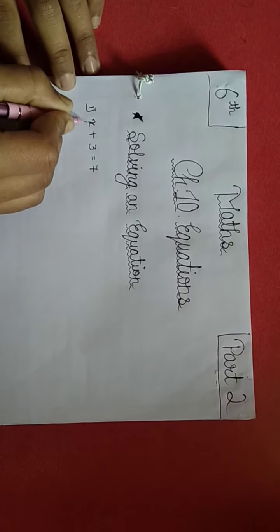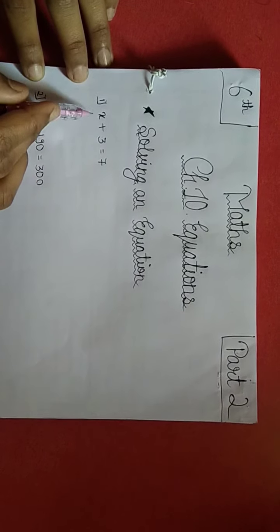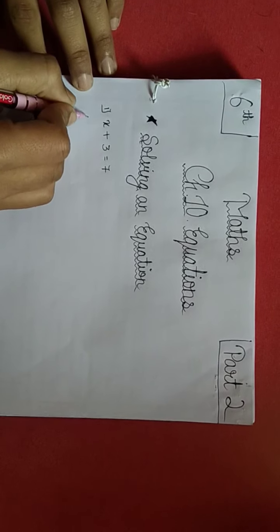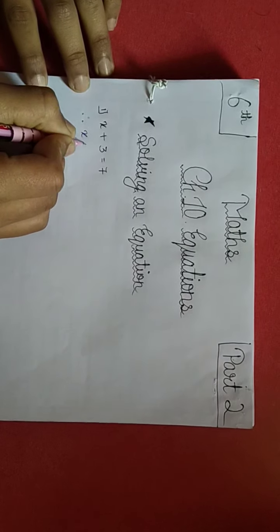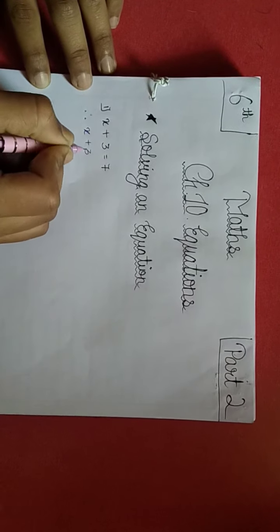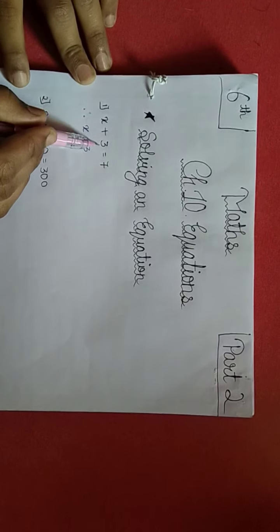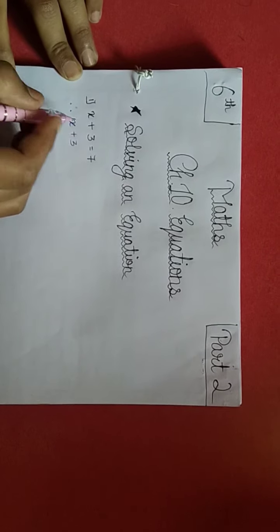So x plus 3 is equal to 7. We have to find the value of x. In equations we have to use the opposite of the operation given here.